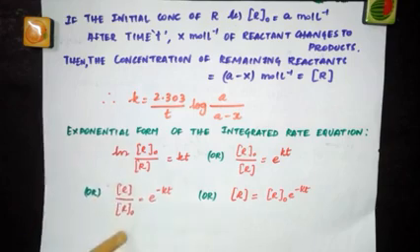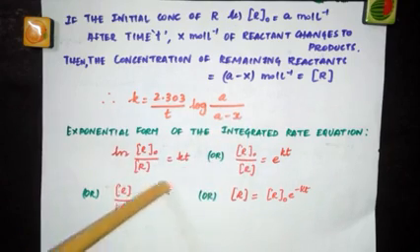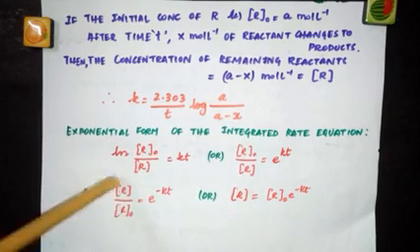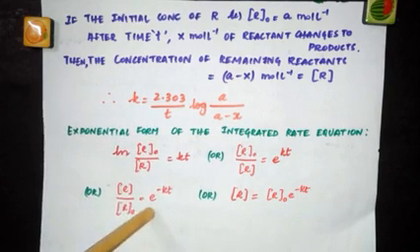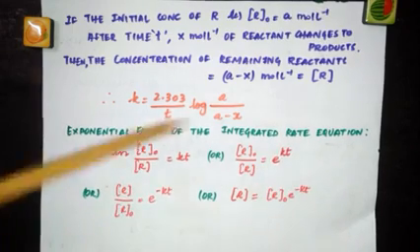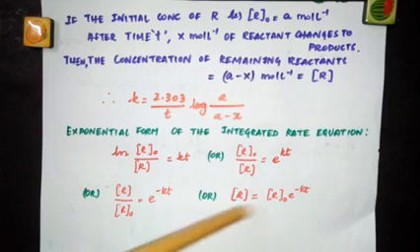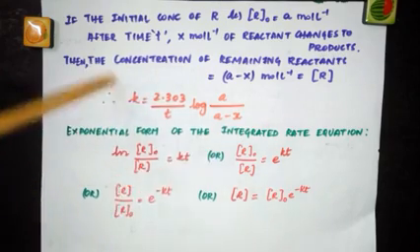Or R by R naught, see the reciprocal, R by R naught is equal to e power minus kt. Or R is equal to R naught into e power minus kt. So any of these forms, they are all the same. They all represent the integrated rate equation of a first order reaction. We will not be using these expressions anywhere in the problems. We will be using this as a formula.